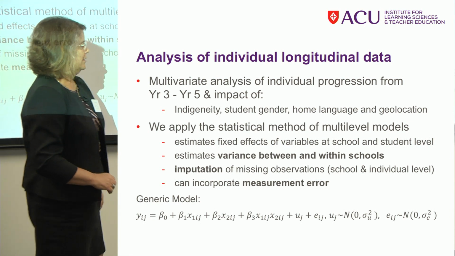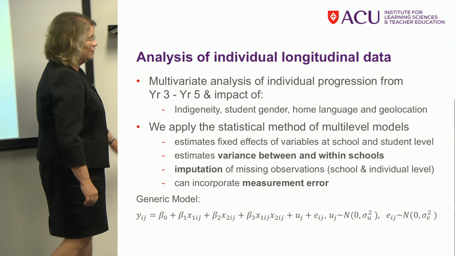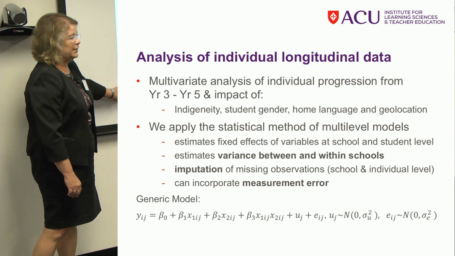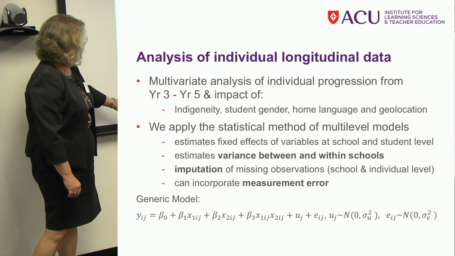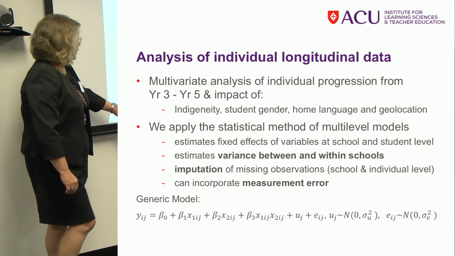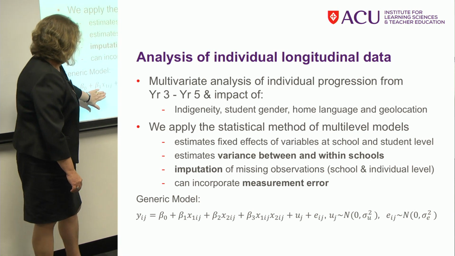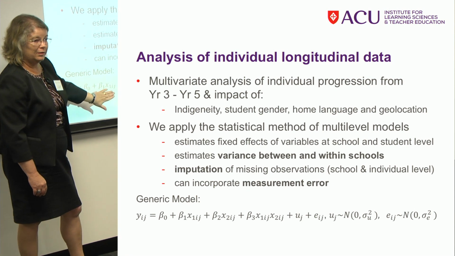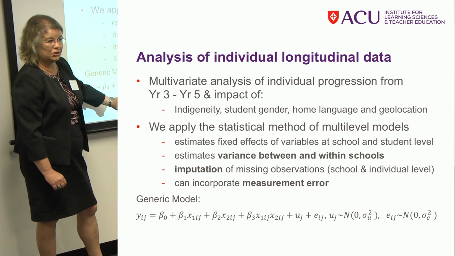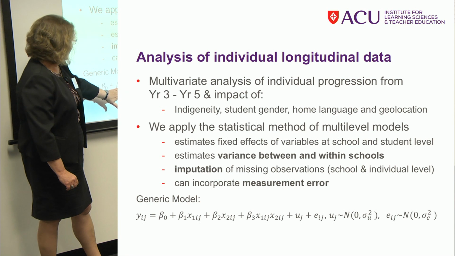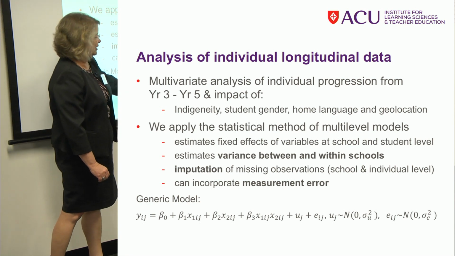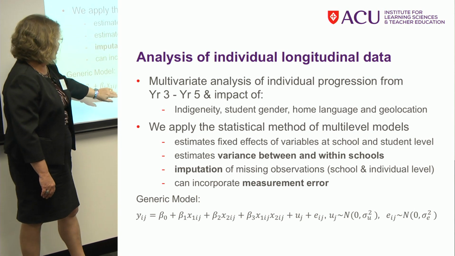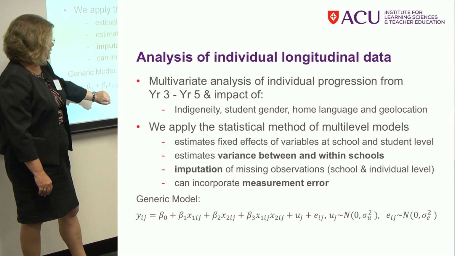Okay, so I've just added the equation here for those who might be interested, but basically we're estimating Year 5 scores, we're controlling for explanatory variables that you'll see a list of these in a moment. That may be sex of the child, location of the child, where they live, the geolocation, whether they live in rural remote areas, metropolitan, and so forth.